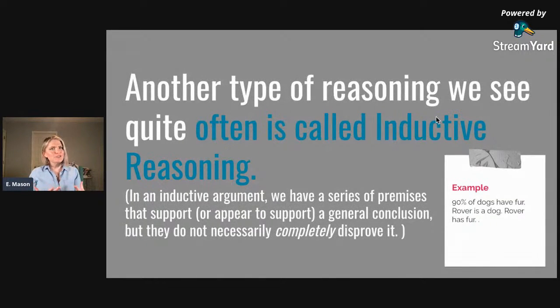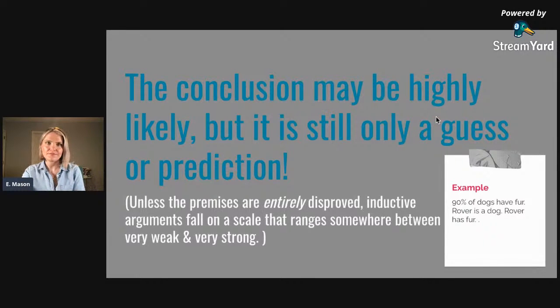If you're confused right now, wondering what's wrong with that, part of it is that logical fallacies are not always super blatant. They can be very subtle and on the surface, so sometimes it might be hard to detect. The conclusion in that statement about Rover is that it's highly likely Rover is a dog with fur because 90% of dogs have fur, but you're still only guessing, right?